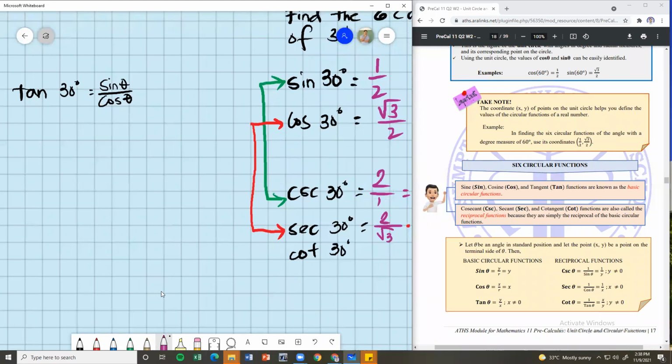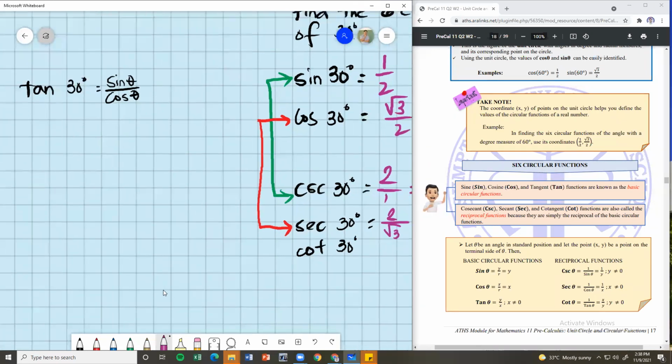So, to solve for the tangent 30, this will be tangent 30 degrees is equal to, what's your sine? That's 1/2. And your cosine is square root of 3 over 2. Can you follow? And so, tangent 30 is equal to, copy your numerator.